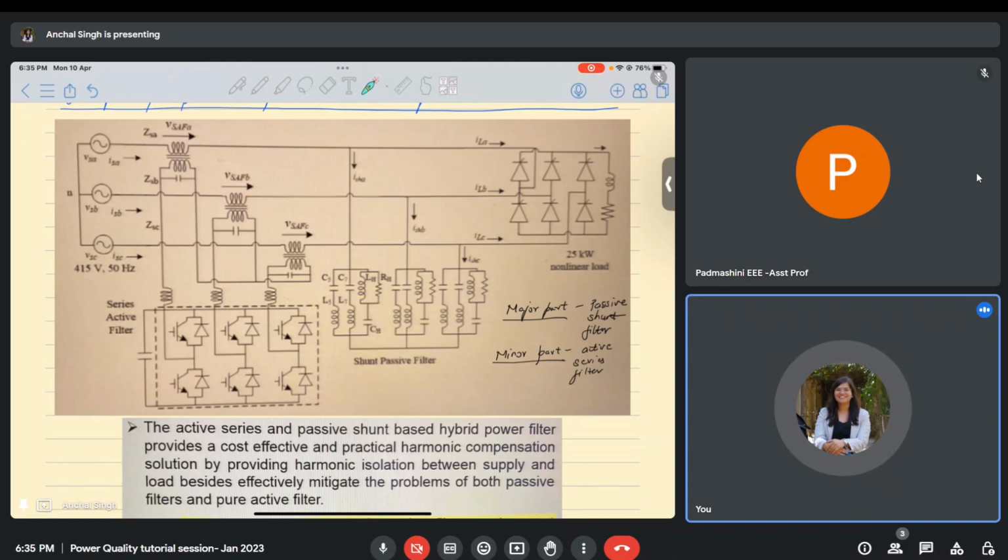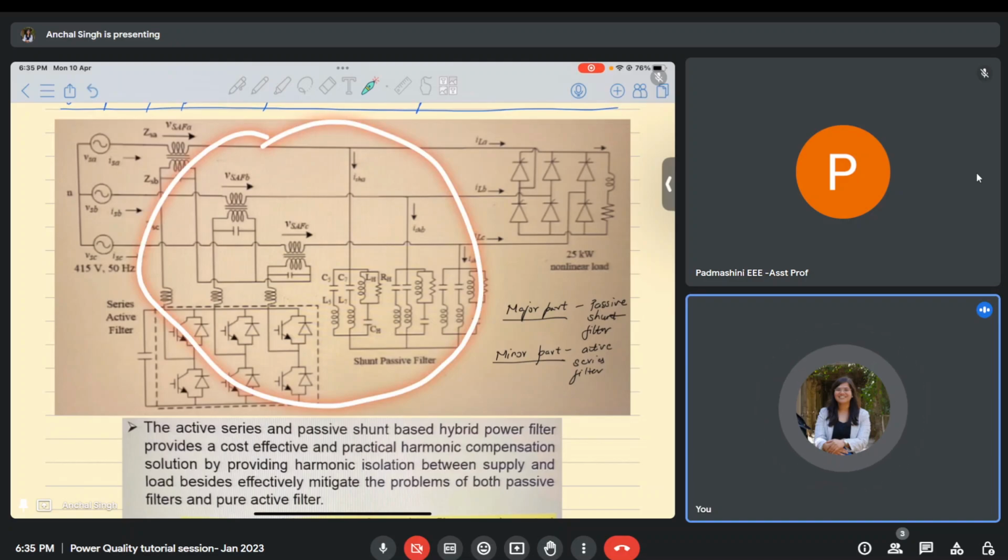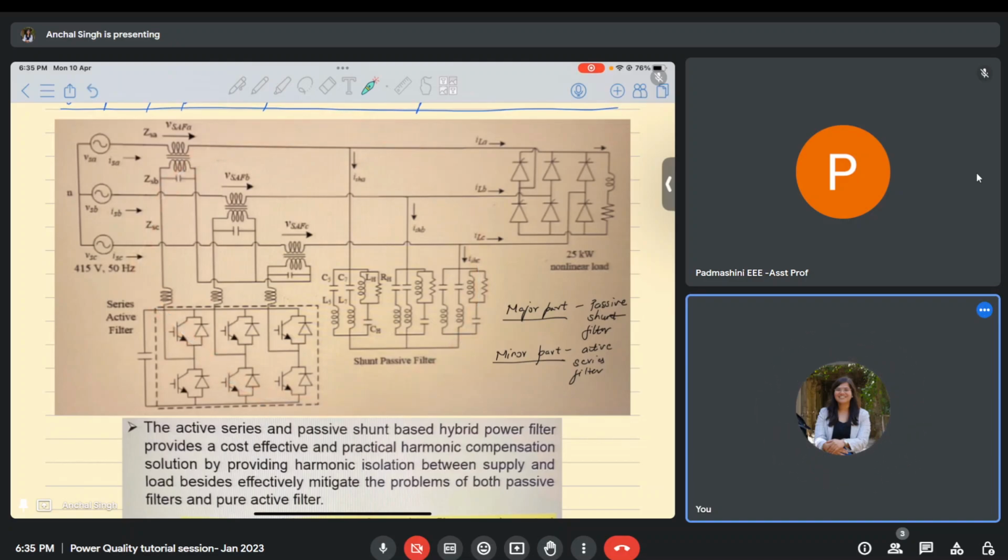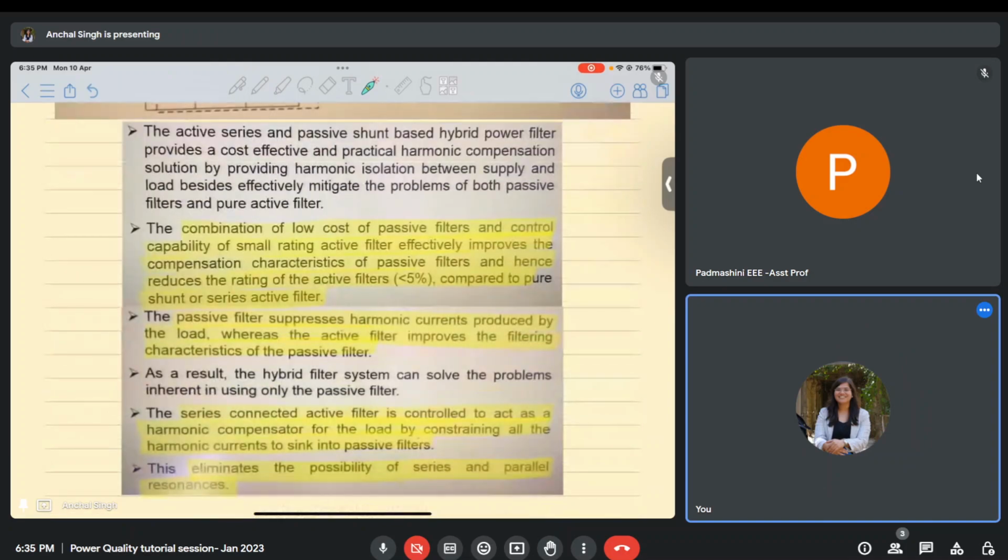If I compare this solution with a full active compensator, then active plus passive is a much more cost effective solution. Again, the rating of this active filter is less than 5% of the overall rating of the system.